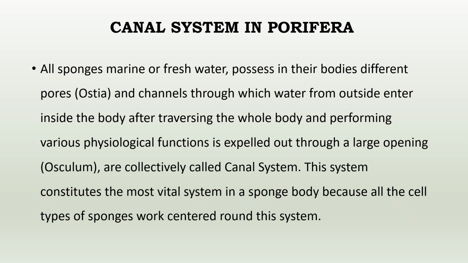Collectively the pores, ostia, and the osculum are called the canal system. This system constitutes the most vital system in a sponge body because all the cell types of the sponges work centered around this system.